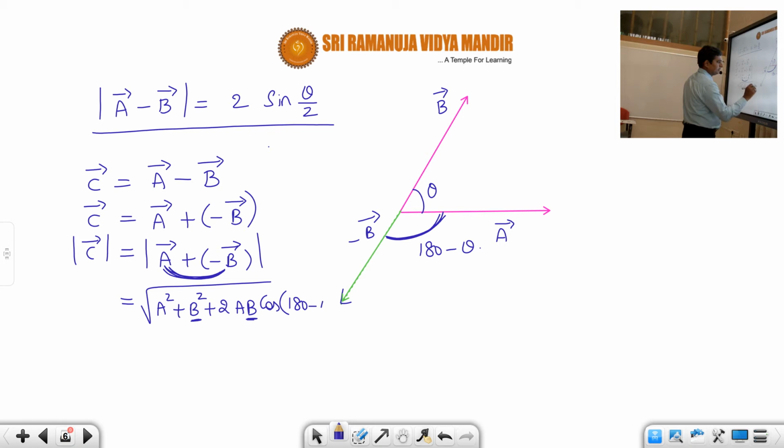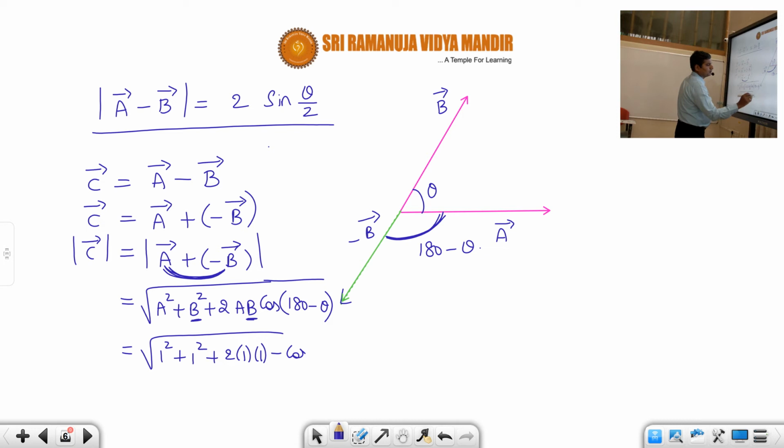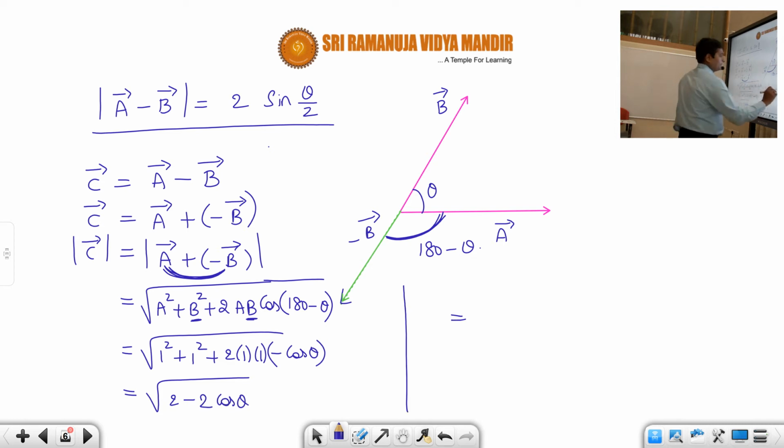So cos of 180 minus theta. We know the magnitude of A is 1, B also 1. So root over 1 plus 1 plus 2 times 1 into minus cos theta, since cos of 180 minus theta is minus cos theta. So we can write it as 2 minus 2 cos theta. Taking 2 common inside the root, 2 into 1 minus cos theta.